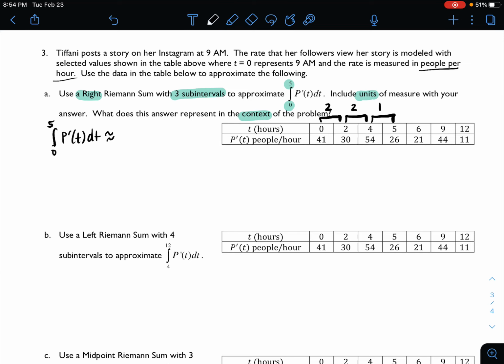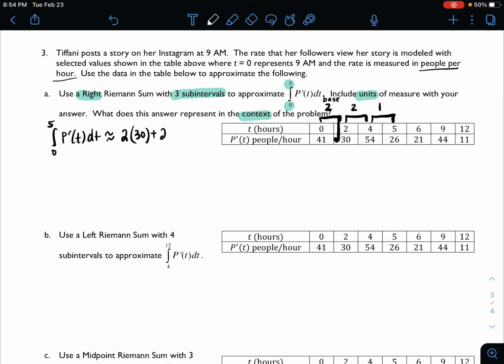My first rectangle, remember these are rectangles, my delta x is my base, and then my y values are my height. So these are my bases up here, then I'm going to go down for my height. My first rectangle, I use the height on the right. So my first rectangle will have a base of 2, a height of 30.